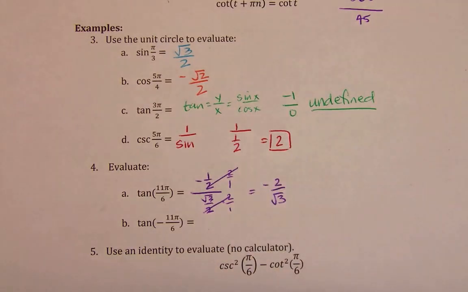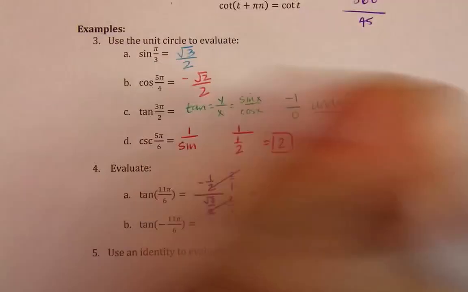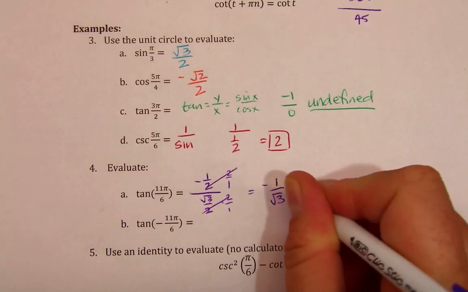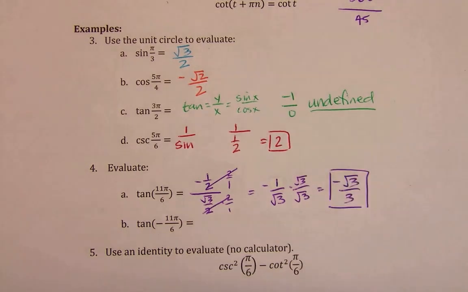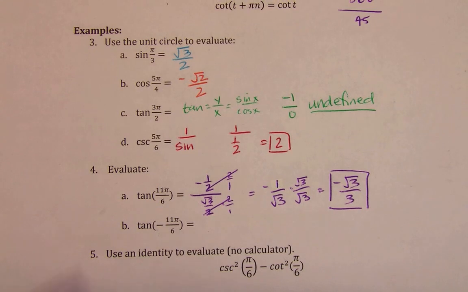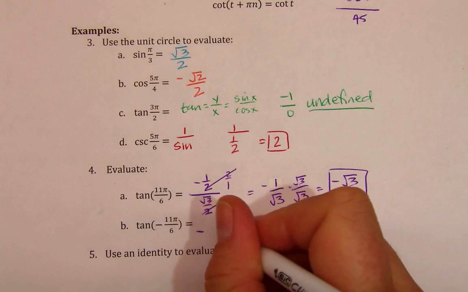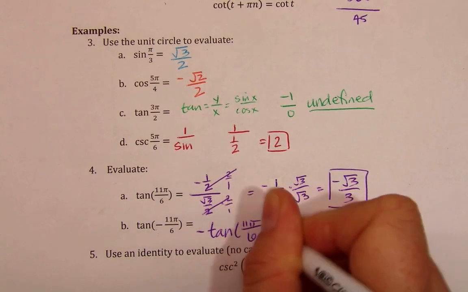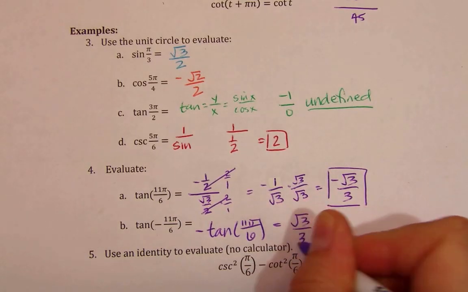But then I need to rationalize that, so I multiply by root 3 over root 3, and I have negative root 3 over 3. Now here, we can use those properties, the even and odd properties that we looked at on the previous page, and this is going to be equal to negative tangent of 11 pi over 6. So just multiplying this by a negative gives me positive root 3 over 3.